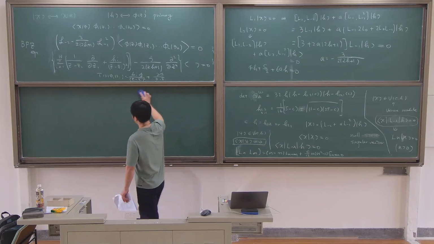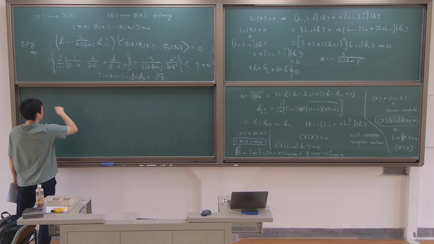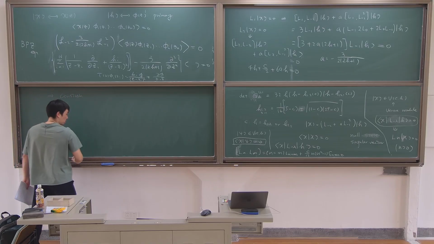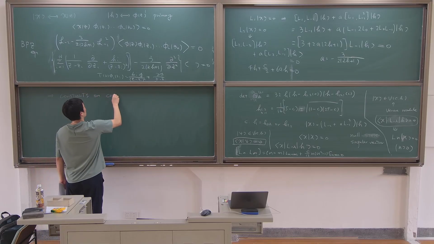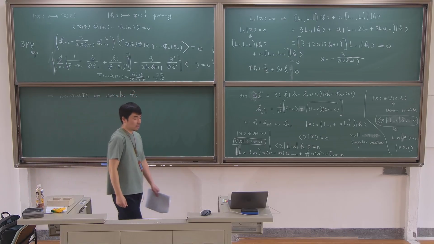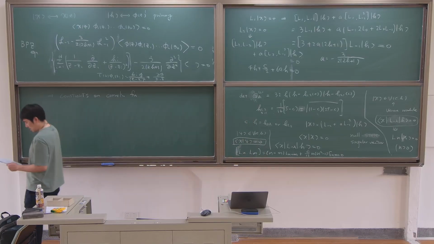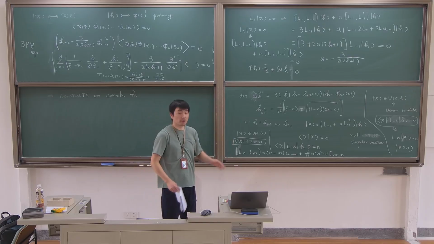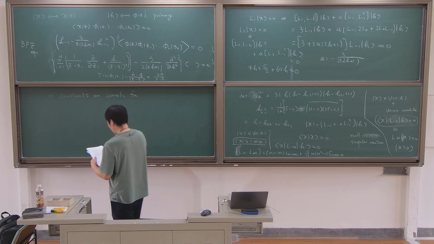This will give you constraints on the correlation function. That's why the analysis of the Kac determinant is very important. So this is level 2. Let's go to higher levels.